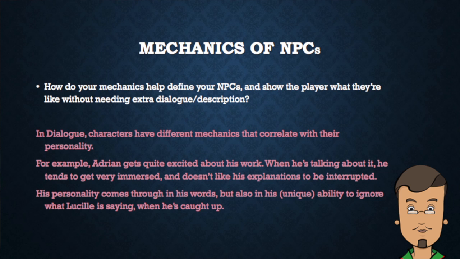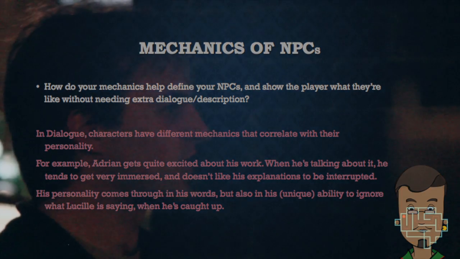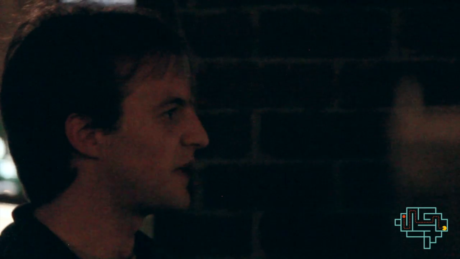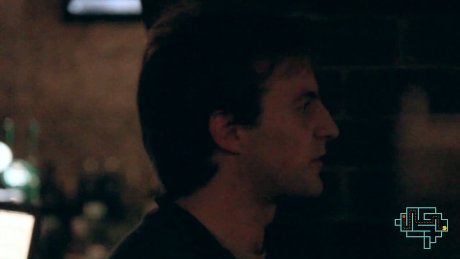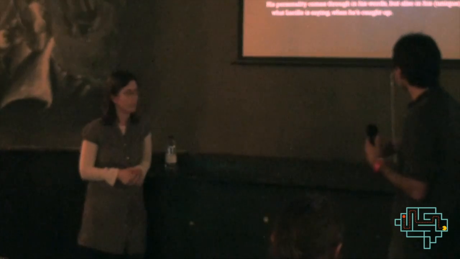So he has this mechanic that's unique to him compared to the other characters, where once he starts going on about his subject matter, the player can try to interrupt him, but you have dialogue options, and he just goes, hang on, I'm not done yet. And that's quite different from what other characters do. It's quite different from what you might be used to, and it says something about him as a character. He's really into it. He's really enthusiastic.